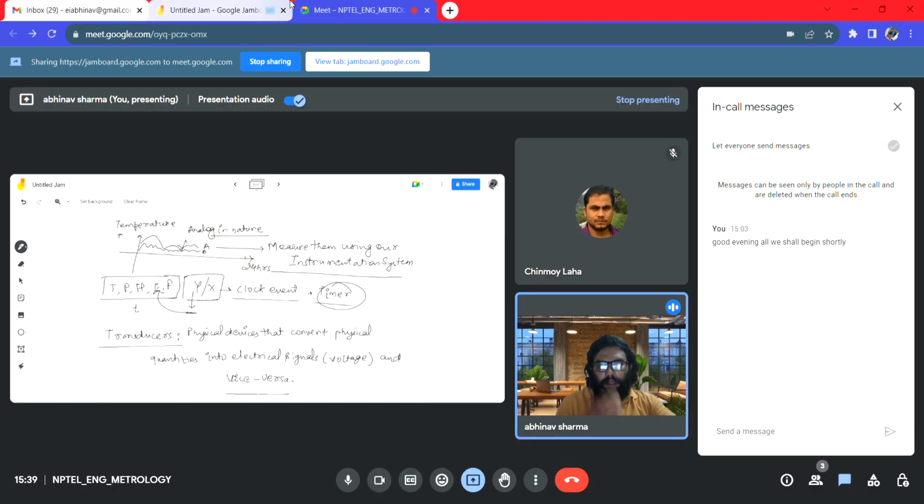So now let us go into depth of what these transducers are, and let us understand what they do in the system.